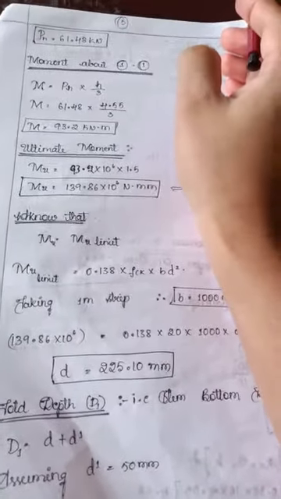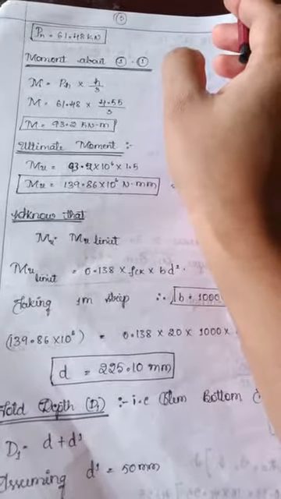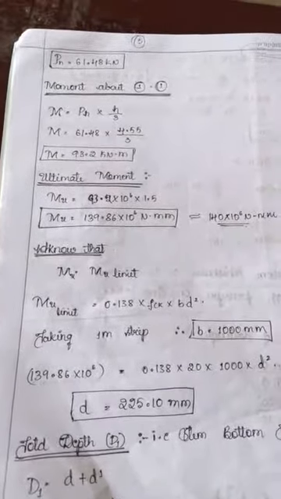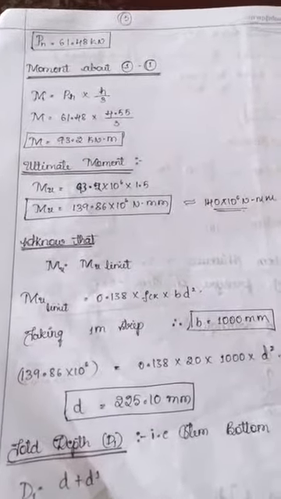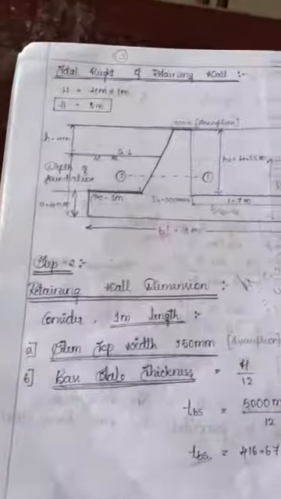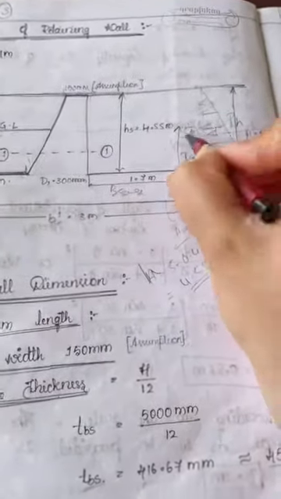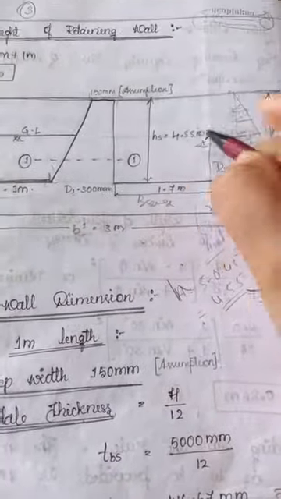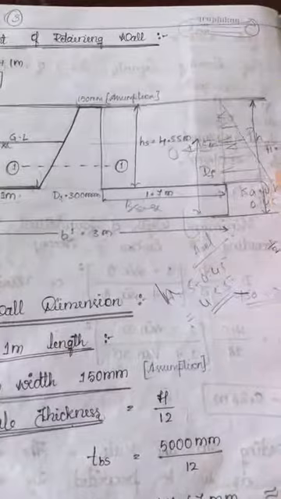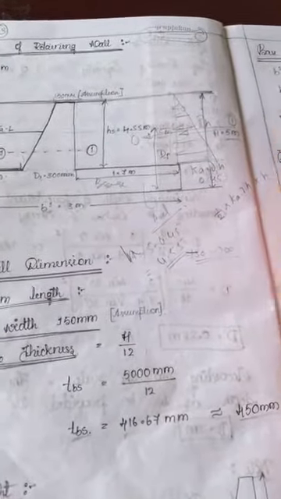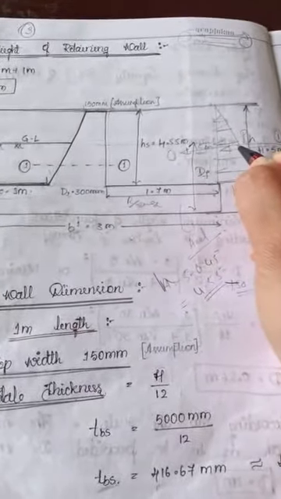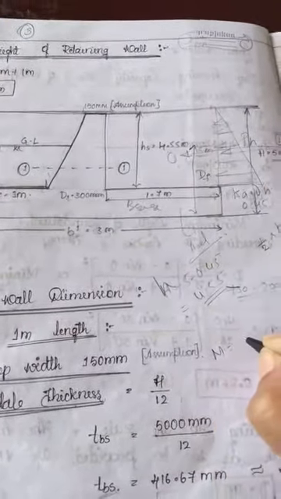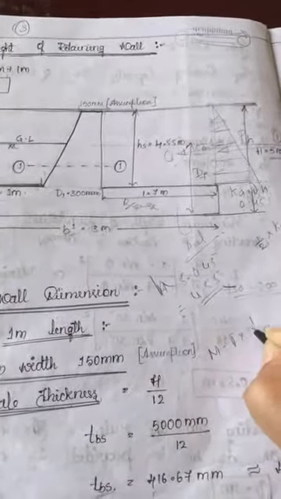After finding the pH value, we find the moment about section 1-1. In this triangle, we find the moment about section 1-1. Moment is force into perpendicular distance.